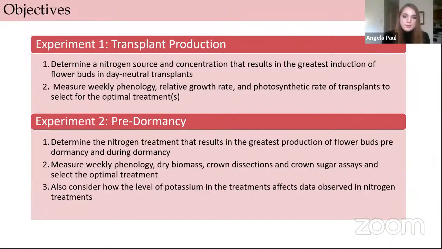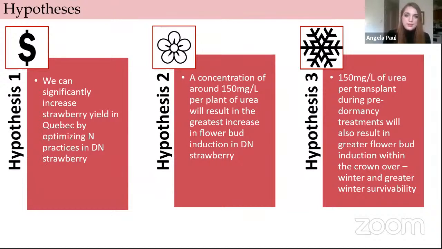Within this experiment, I also wanted to consider the role of potassium, as it has a key role in nitrogen and potassium assays. My hypotheses for these objectives were, one, that we can significantly increase strawberry yield in Quebec by optimizing nitrogen practices in day-neutral strawberry.